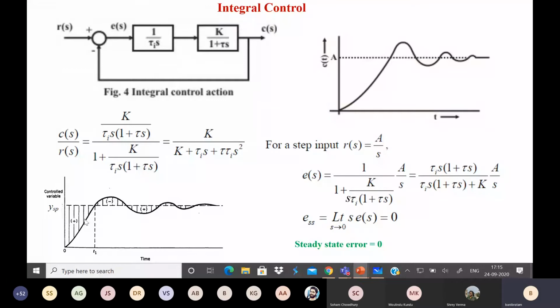After that, since the integration of error is happening, and integration means accumulation of the error, it is gradually accumulating. So the output cannot directly stand at this particular input value. Rather, it will go beyond that value because the error is gradually accumulating.